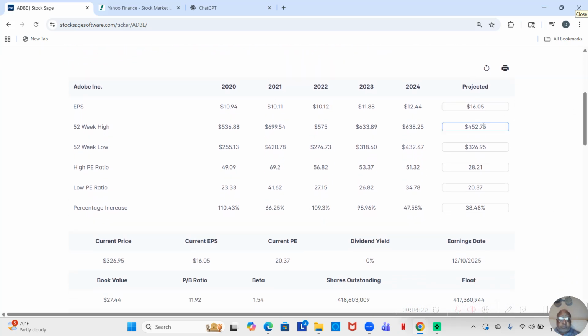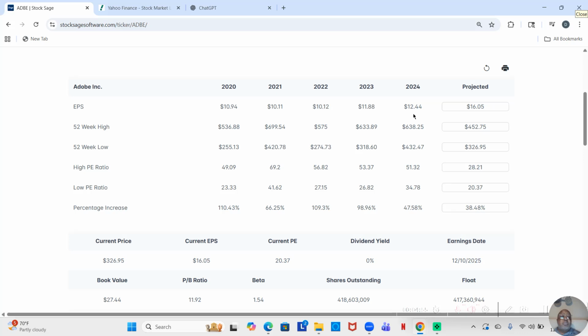Now, along the top, we have the earnings per share for the last 5 years, 2020 through 2024. We prefer a company where the earnings per share is growing every year, or just about every year.